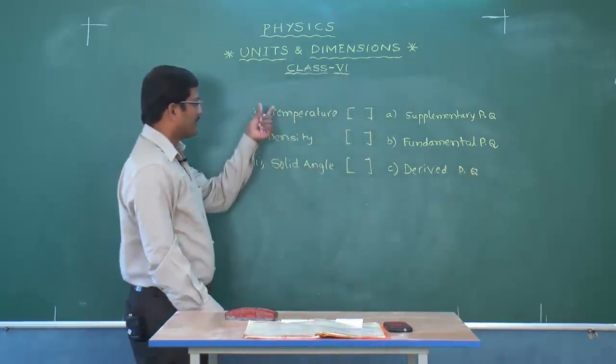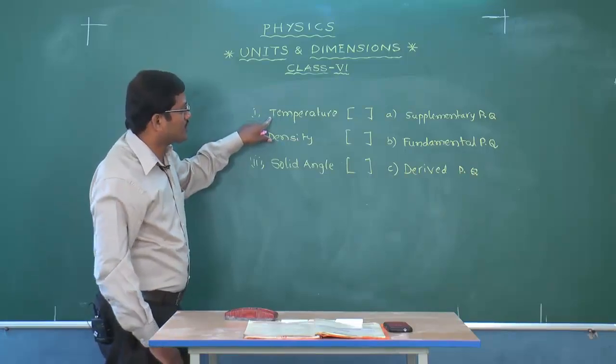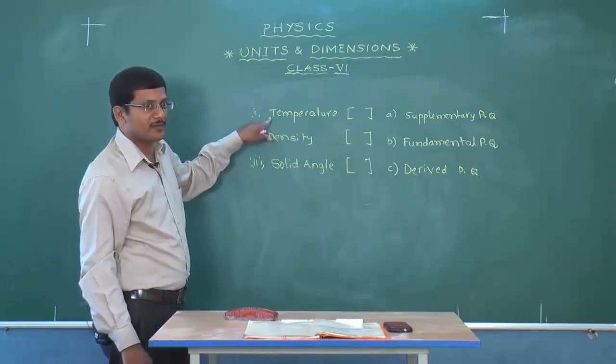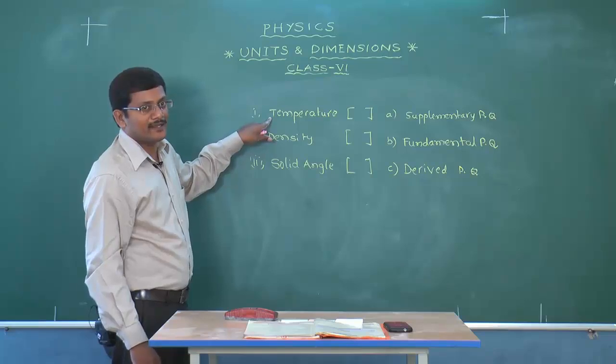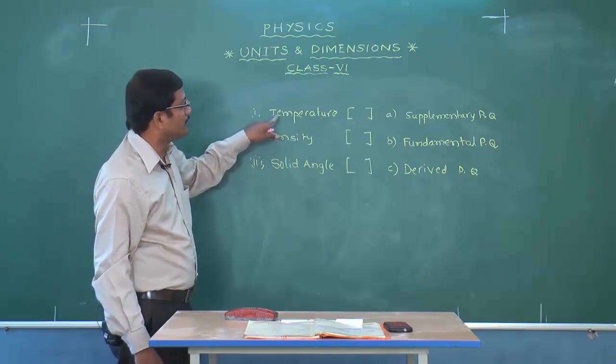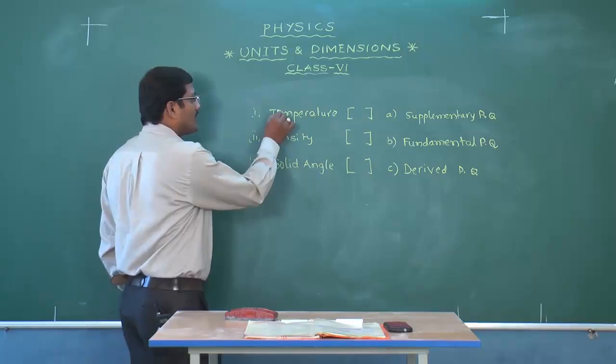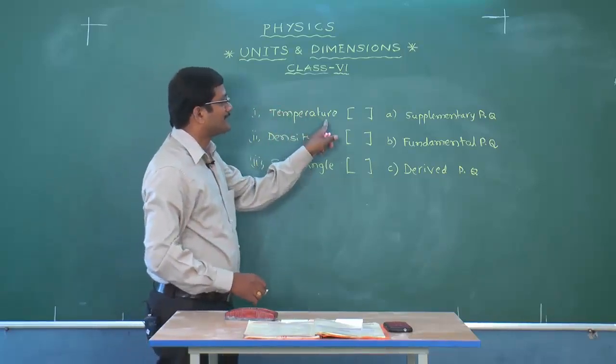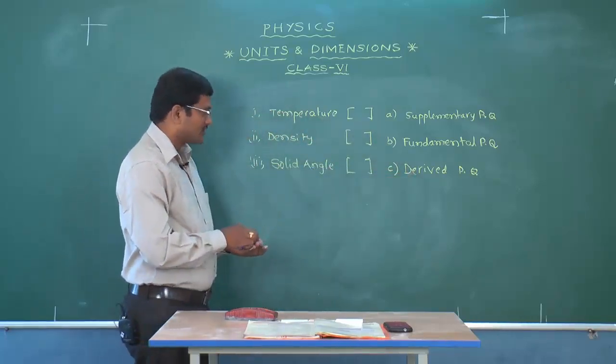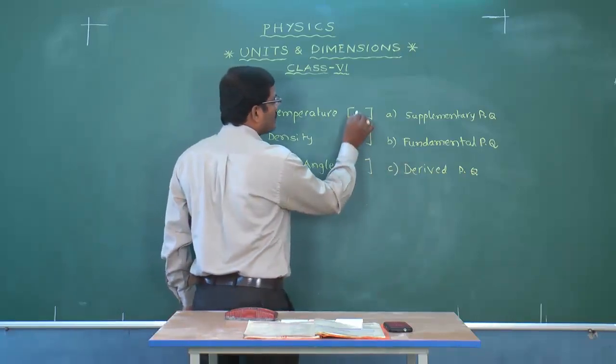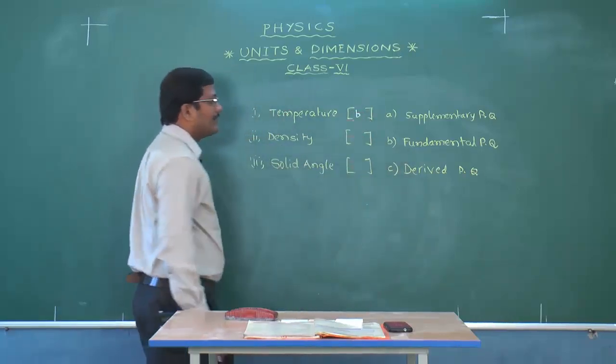So let me have the example. Temperature. So I have given a mnemonic to identify that fundamental physical quantity, LMTST. That T is nothing but thermodynamic temperature. It is also called as temperature, and this is obviously coming under which physical quantity? So fundamental physical quantity. Obviously the option is B.